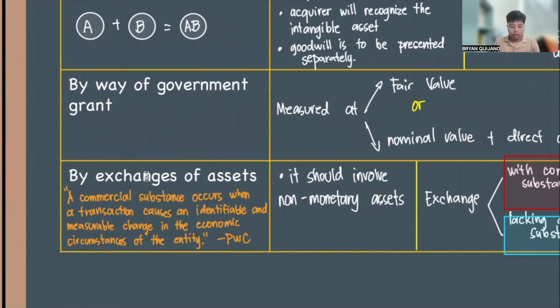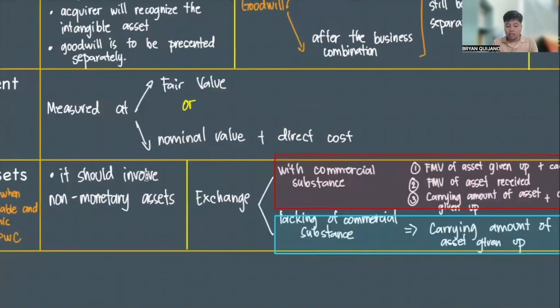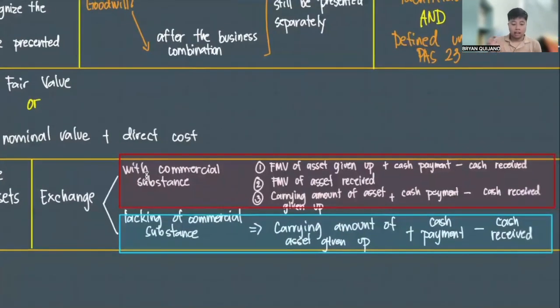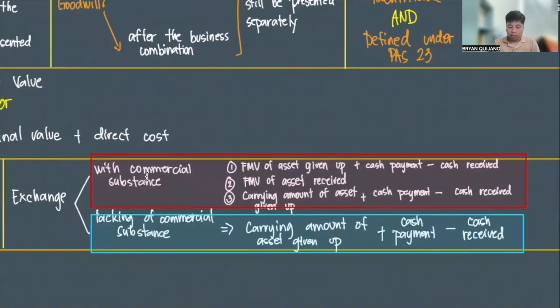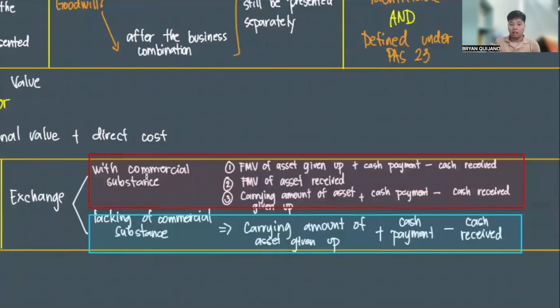They said that commercial substance occurs when a transaction causes an identifiable and measurable change in the economic circumstances of an entity. Which brings us to say that the exchange can be in two ways. It can have commercial substance or it can lack commercial substance. We have a different hierarchy for these two scenarios.